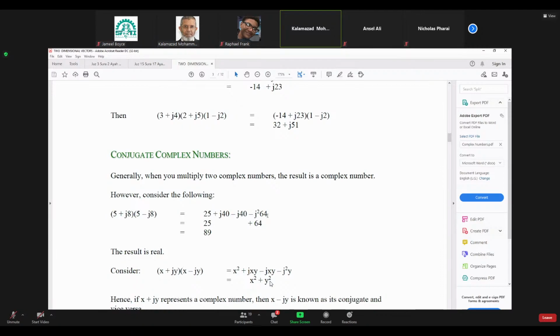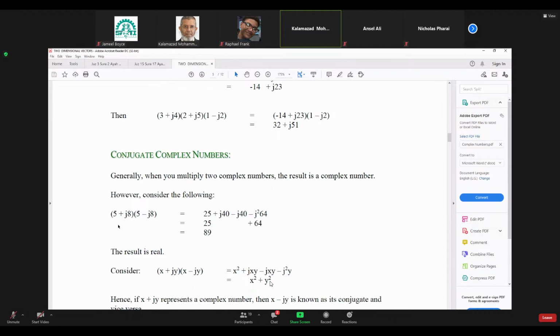Everybody understand that? Now what happens is that these two middle terms here will disappear. And this j squared here now is minus 1. Minus by this minus sign gives us plus 1. By 64 is 64. Plus 25, we're going to get 89.